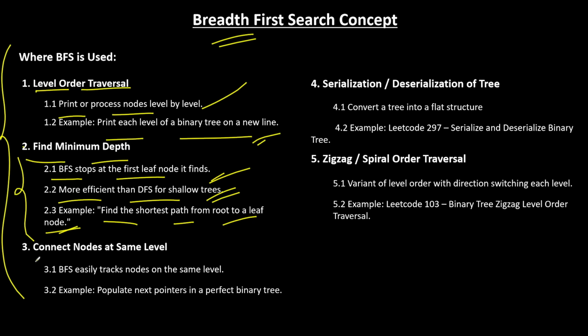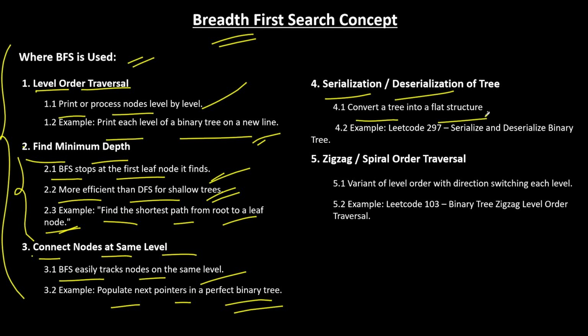Okay. Connect nodes at the same level. BFS easily tracks nodes on the same level, right? Populate next pointers in a perfect binary tree. So these are the questions, or the logics, where we can use BFS. Suppose in serialization and deserialization of a tree, converting a tree into a flat structure, or doing a zigzag or spiral traversal, a variant of level order with direction switching each level.